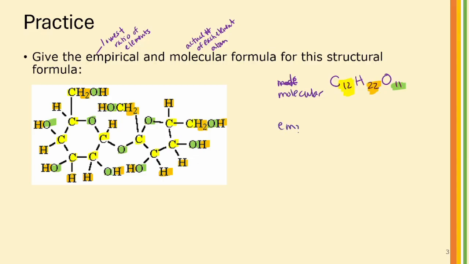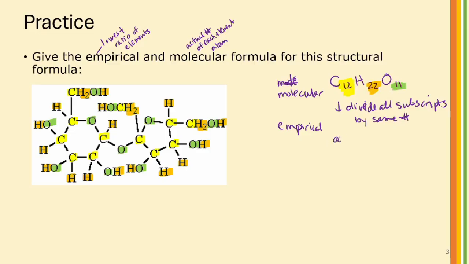To do the empirical, I have to see, can I divide all subscripts by the same number? So at first it looks like I could do 2. 12 is divisible by 2 and 22 is divisible by 2, but 11 is not. This is as low as it gets.